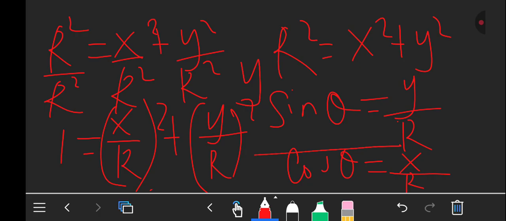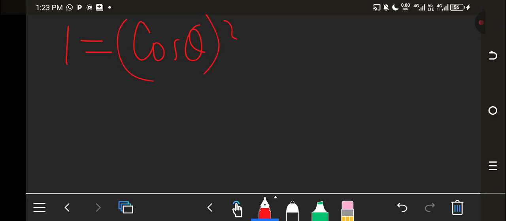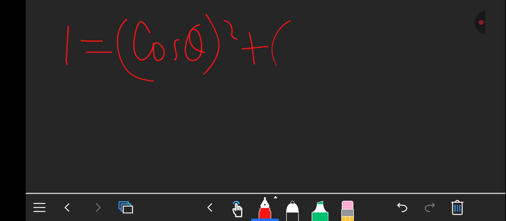So we can see that we have found x over r. X over r is simply cos theta. Then we've also found y over r. So y over r is simply sin theta. So we can do the substitution there. So we can say 1 is equal to cos, remember this was squared, so cos theta squared plus sin theta squared.